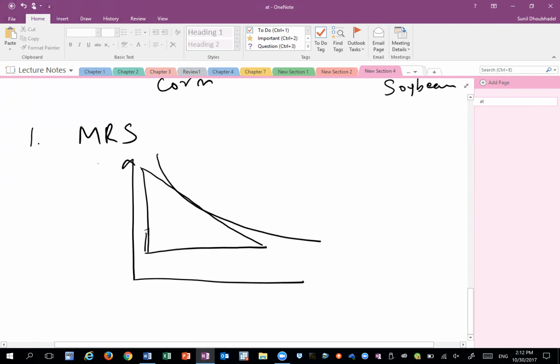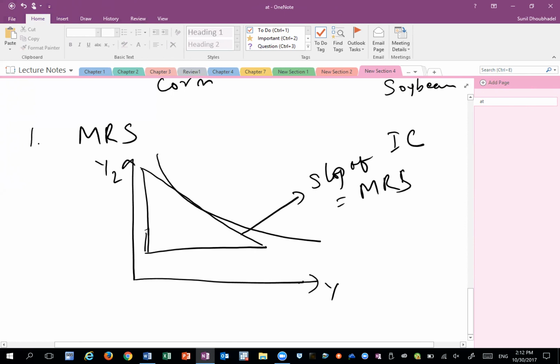So here, if this is y2 and this is y1, this is the slope of the indifference curve, which is the same as the marginal rate of substitution. This gives the trade-off between those two goods, y2 and y1.